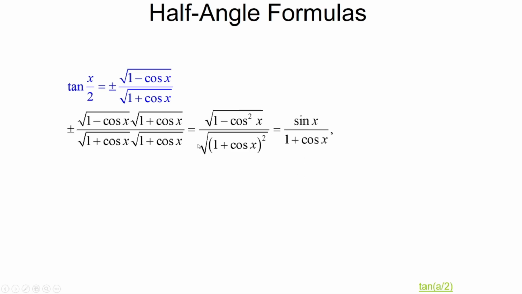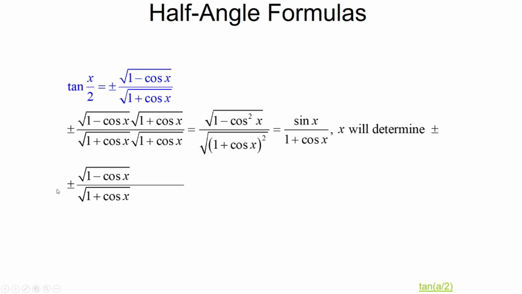And then, of course, if I square something underneath a radical, I can just drop the square and the radical. So I have sine of x over 1 plus cosine of x. Okay? And now remember, x will determine my plus or minus, because in my original identity, tangent of x over 2, right? Well, this x is going to determine what's happening here.